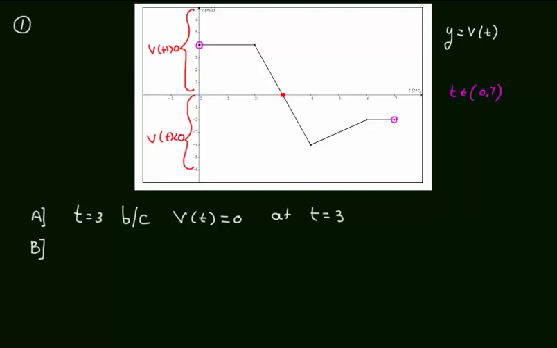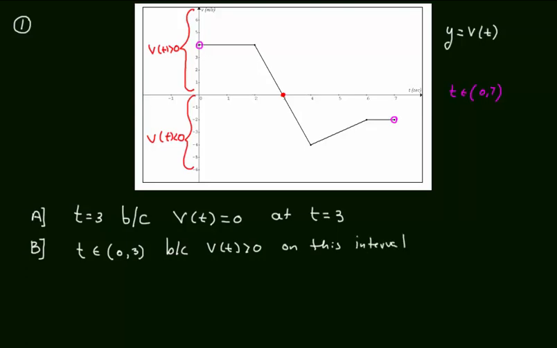So to answer the question, the particle is moving to the right when t is an element of the interval 0 to 3. Now the reasoning for that is because v of t is greater than 0 on this interval.